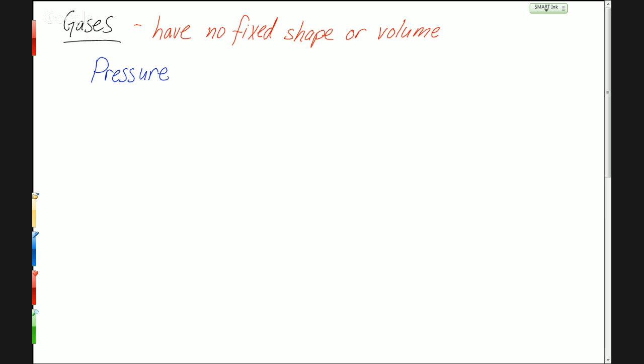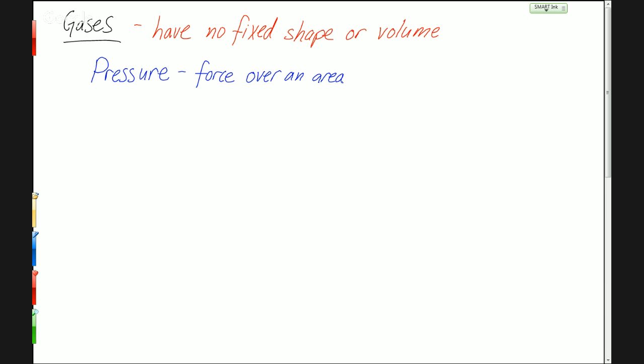Pressure is a force over an area. So a force that's distributed over a particular area. Which means that the pressure can change without changing the force.